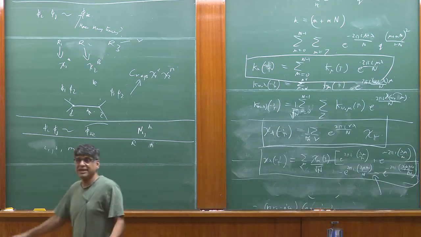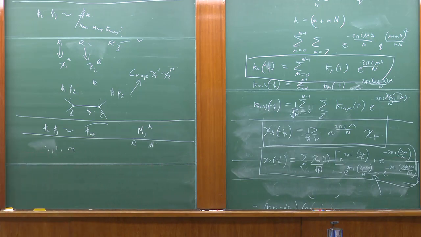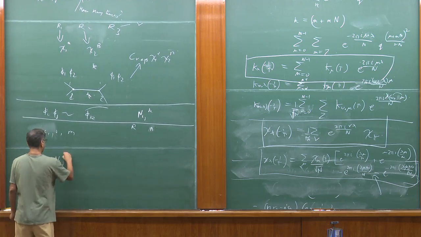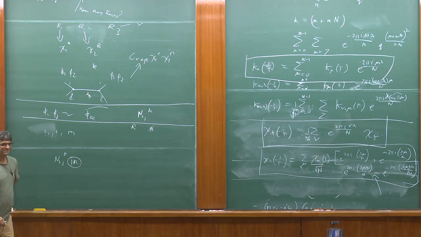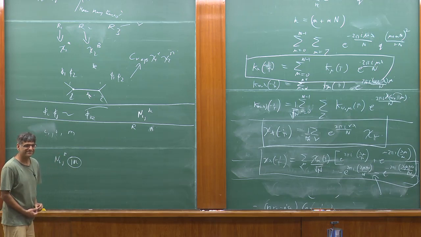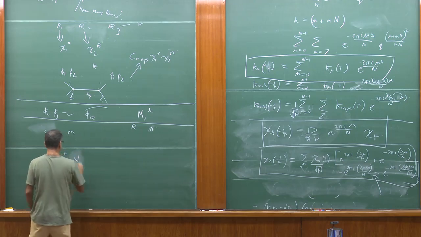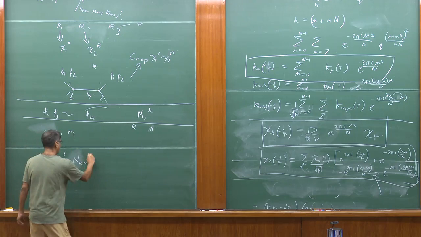Well, you might think maybe we need some new integers, but that's too much, because tensor product can be done one at a time. So what we can do is first fuse I with J. So we get N_ij^K times so many K's. And then you fuse K with M, so we get N_KM^N.